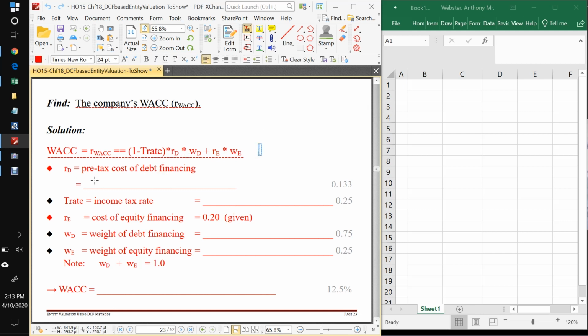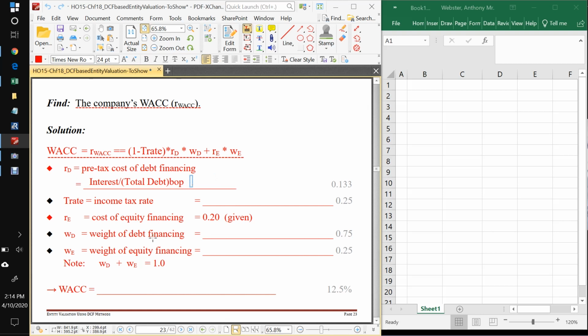So we just need to make sure we have everything to plug into this equation and then just plug it in. Okay, so for the pre-tax cost of debt financing, that's going to be what? The interest divided by the total debt BOP, right? If we're getting our cost of debt financing from financial statements, this is always the way we get our pre-tax cost of debt financing.